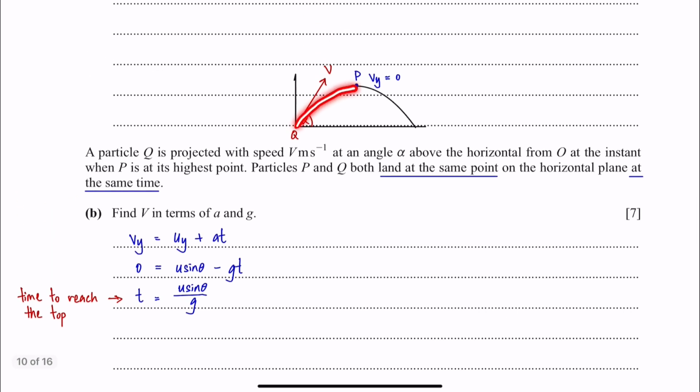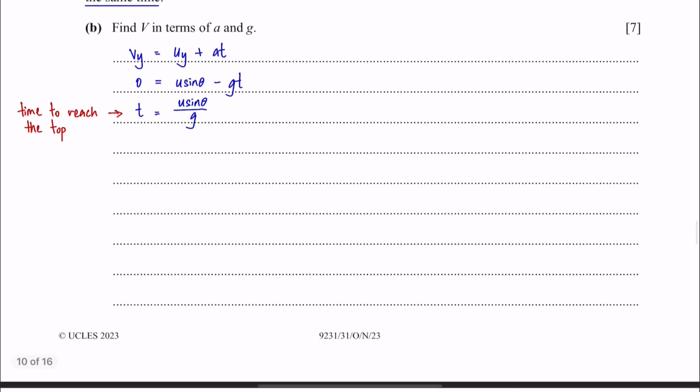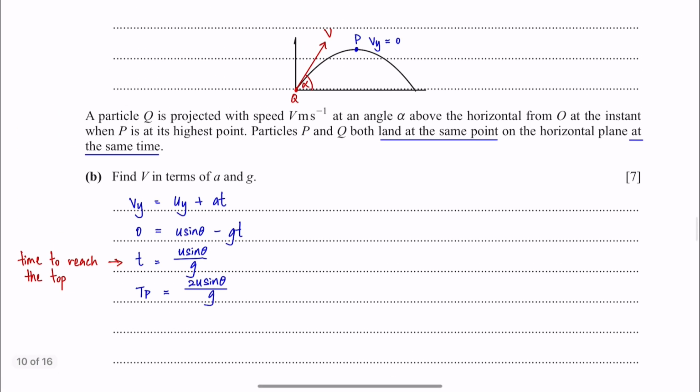So from here to here. If you want to find the time to travel the whole path, the time of P to travel the whole thing would be 2 times the time used to travel to the top, because the time to go up equals the time to go down when it's at the same horizontal level.